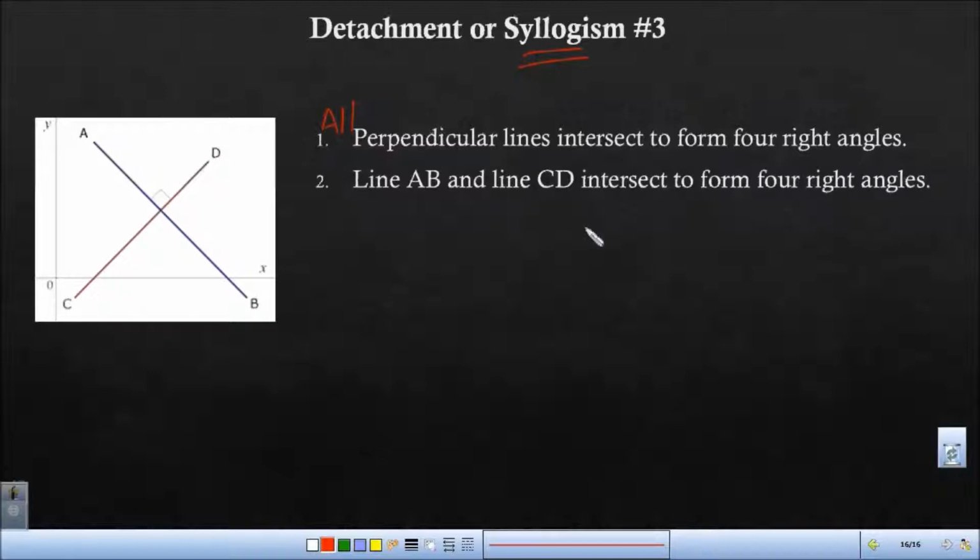So we're going to apply this idea, and now we're kind of reversing it. Instead of going through the subject of the sentence, we're going through the predicate. I'm not sure if this is technically allowed, but we're going to do it anyway. So by syllogism, we'll say that line AB and CD are perpendicular.